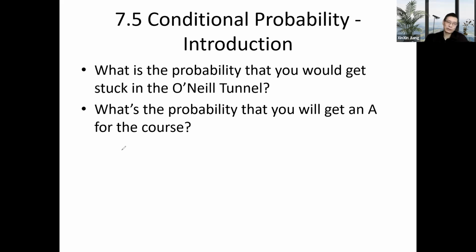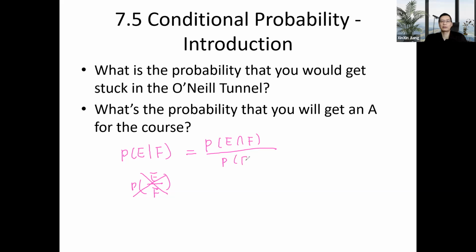A conditional probability, denoted by P of E given F, with a bar here. Don't do this; it's different. We don't have this kind of notation. It is defined by the probability of E intersect F divided by the probability of F. We need to assume the bottom is not 0, so the probability of F should be positive.